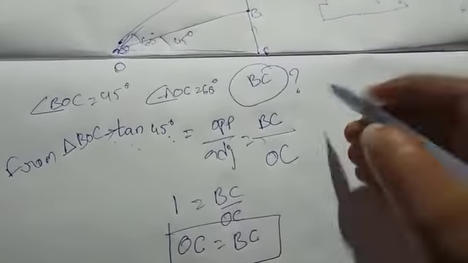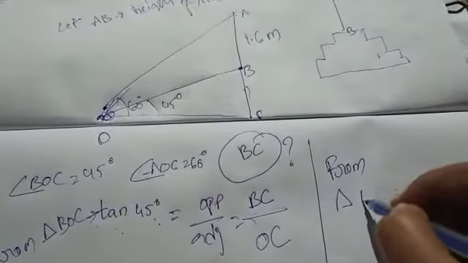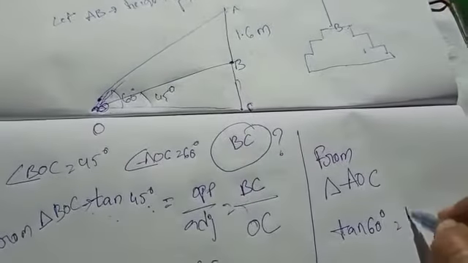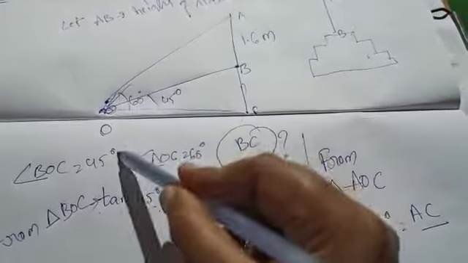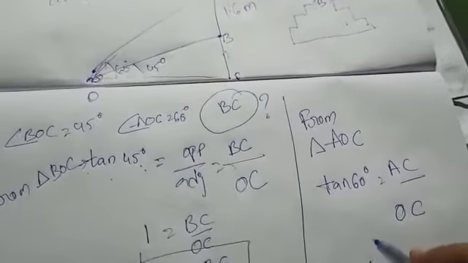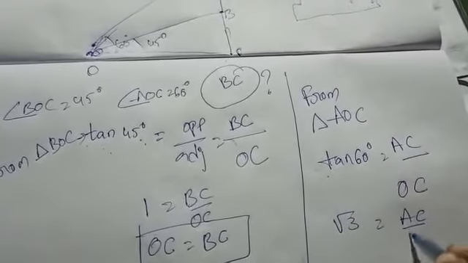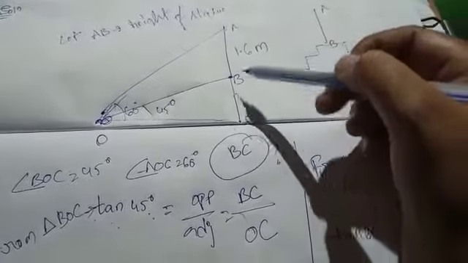Okay, from triangle AOC, tan 60 degrees. Tan 60 equals the side opposite to the angle 60, AC, by the side adjacent to the angle 60 degrees, OC. Tan 60 value is √3, so √3 equals AC by OC. We know AC equals AB plus BC.